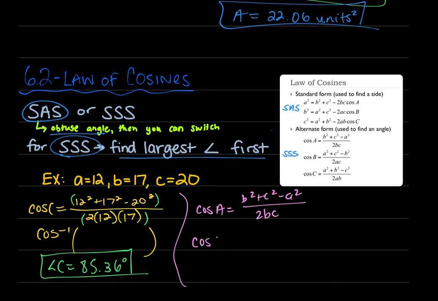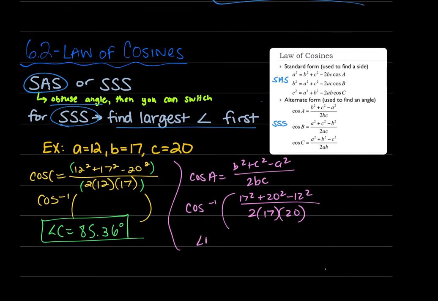So I'm going to do cosine inverse of 17 squared plus 20 squared minus 12 squared, close the parentheses, divided by, open the parentheses again, 2 times 17 times 20. And I get angle A is 36.73 degrees.